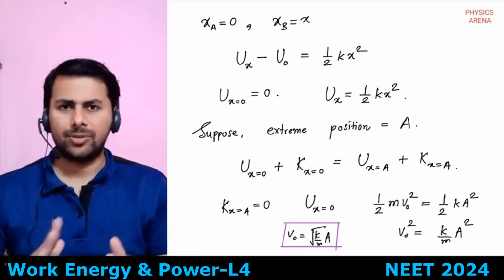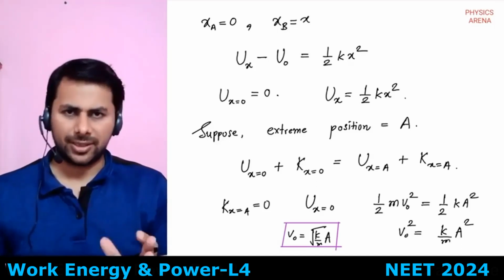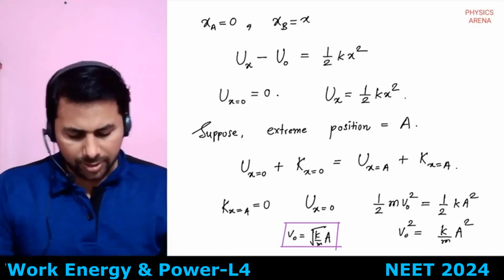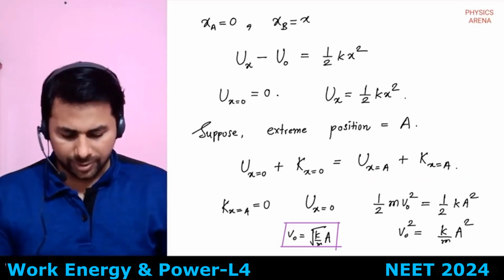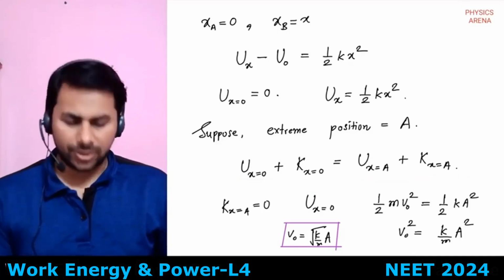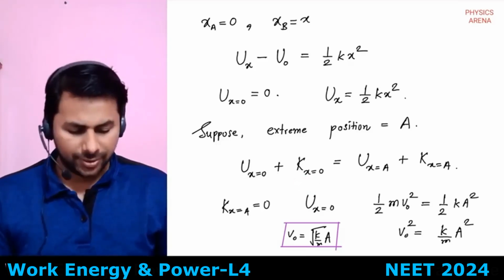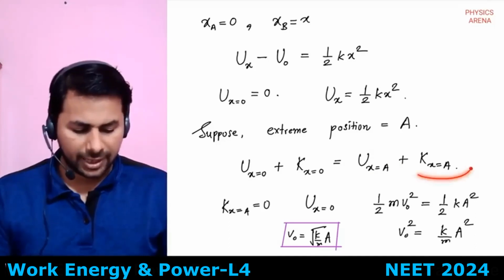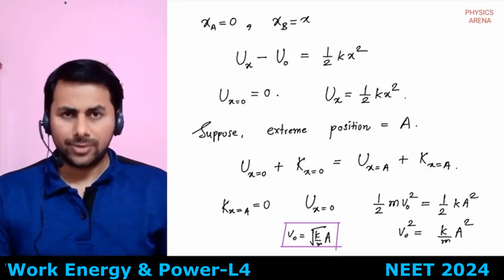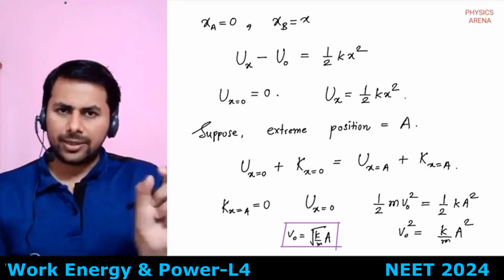So let's suppose it moves from minus a to plus a. We can apply the law of conservation of energy. So U at x equal to 0 plus K at x equal to 0 is equal to U at a plus K at a.